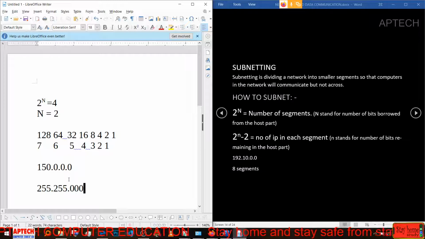1, 2, 3, 4, 5, 6, 7, 8. 1, 2, 3, 4, 5, 6, 7, 8. Okay, it's easier with the computer. So 1, 2. That's where we're going to start. Yeah.